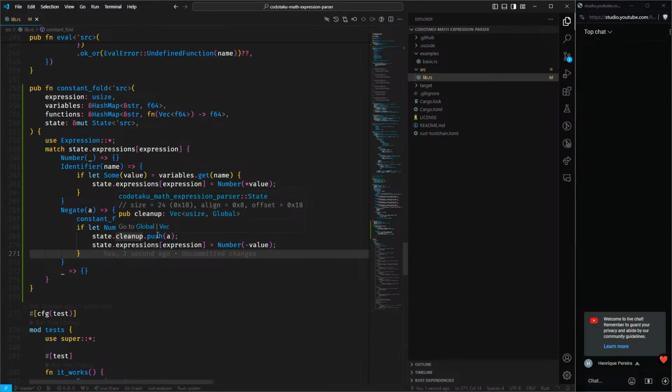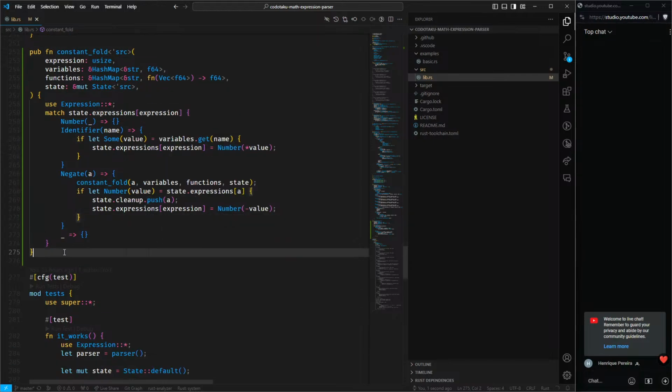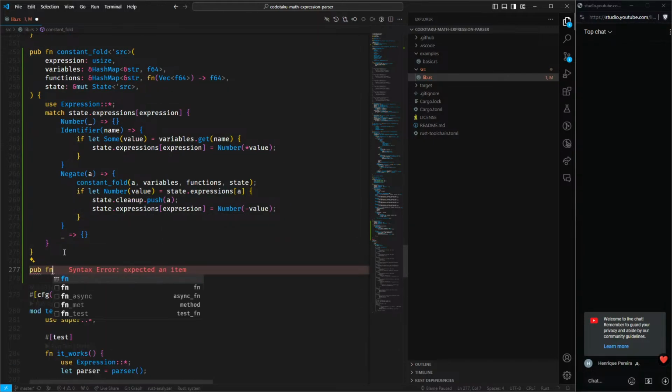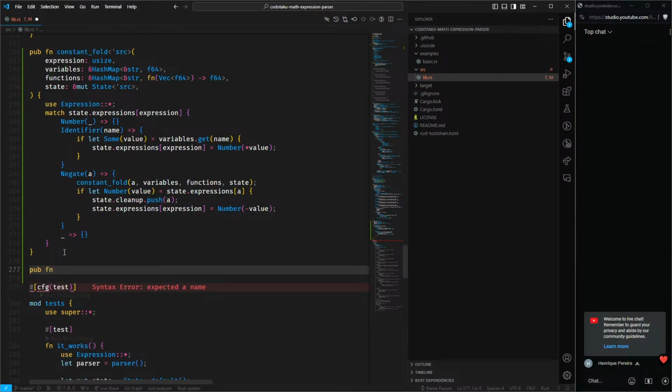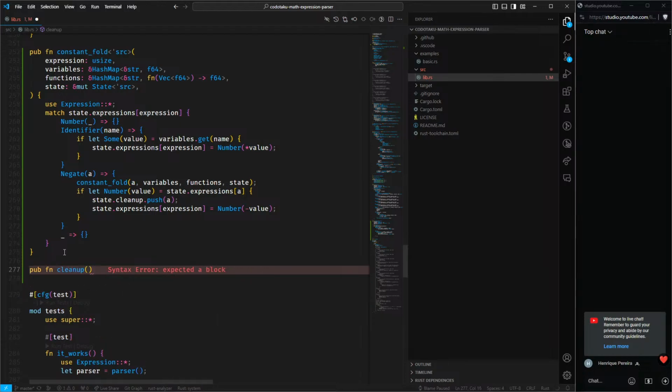State dot cleanup dot push A, and then maybe we could have another function called maybe cleanup. Do we need the src? I don't think so, no.